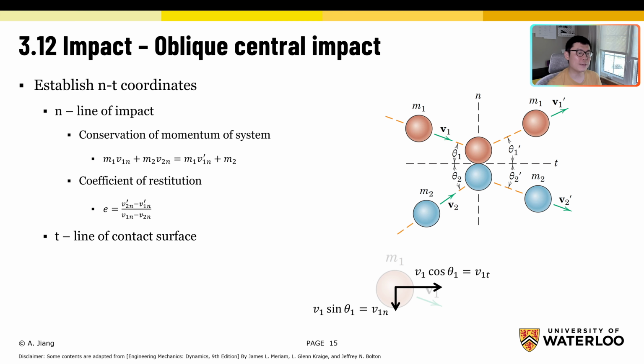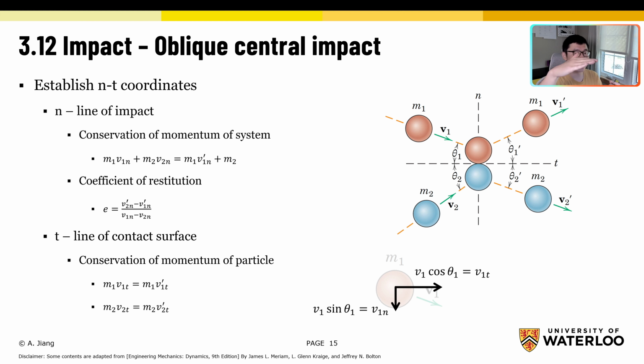For the line of impact, the N direction, we will treat it as a direct central impact motion, as we did for the entire video. Apply the conservation of momentum of the system and use the coefficient of restitution. And in the T direction, the line of contact surface, if there's no friction and no other major forces involved, the velocity of each particle in the T direction is the same before and after the impact.